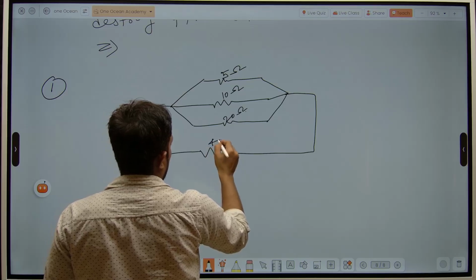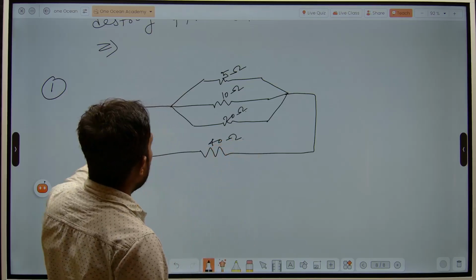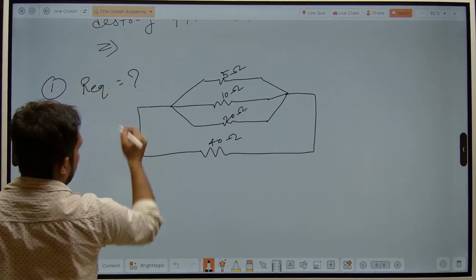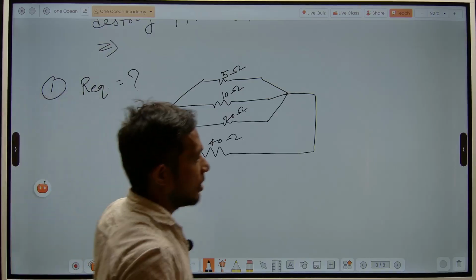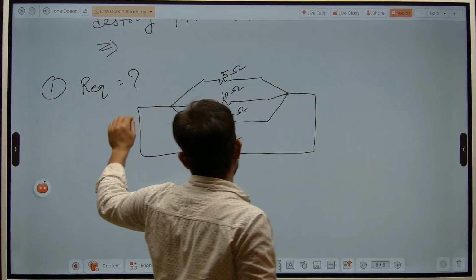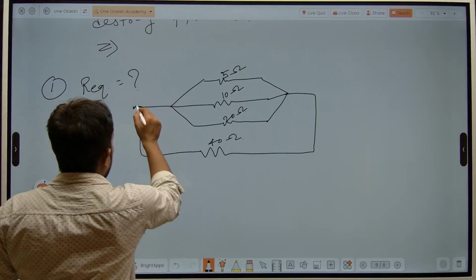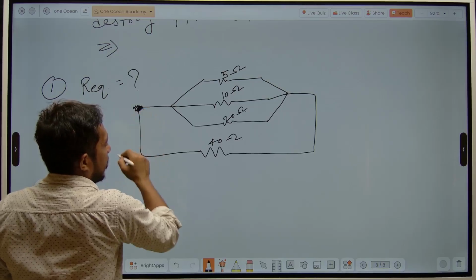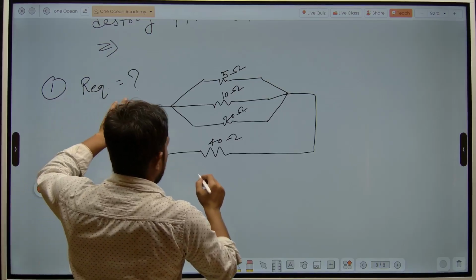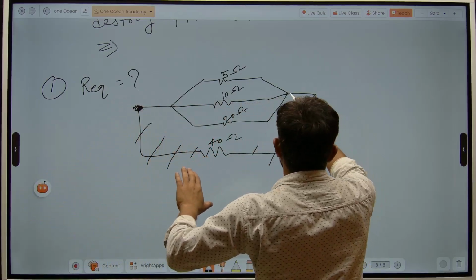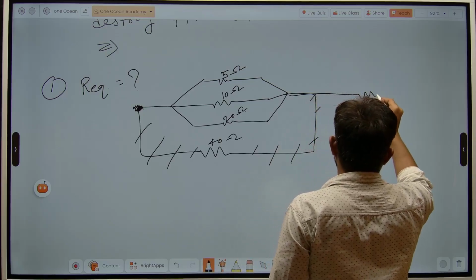You need to find the equivalent resistance in the given circuit. So, first open the wire from any point. Let us say it is opening from here. So, this become what? If we wanted to open the wire from here, this connection moves from here and it becomes such like that, 40 ohm.